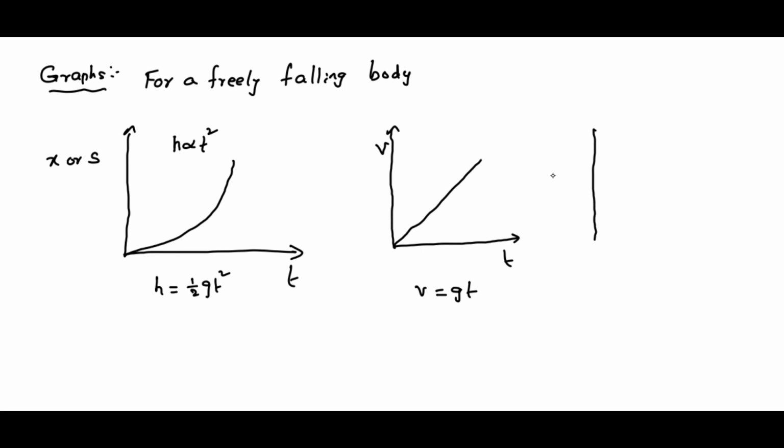And while coming to acceleration versus time, in the case of freely falling body, we are taking acceleration as plus g. So the graph will be a straight line parallel to time axis.